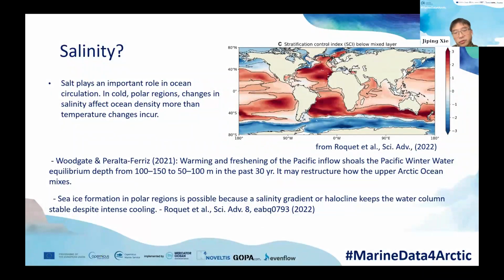Another case is from the Lockett paper, 2022. By their work, they propose that sea ice formation in the polar region is possible because the salinity gradients and halocline keep the water column stable despite the intense cooling.